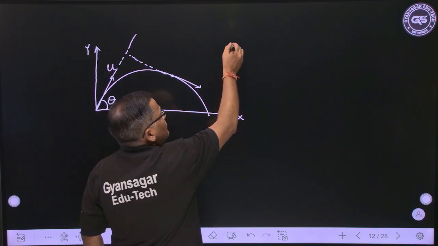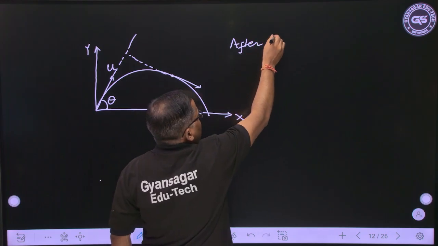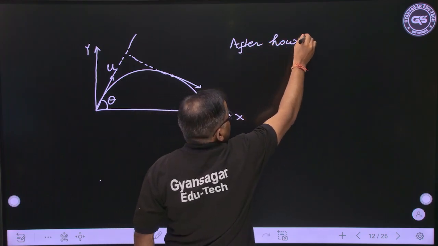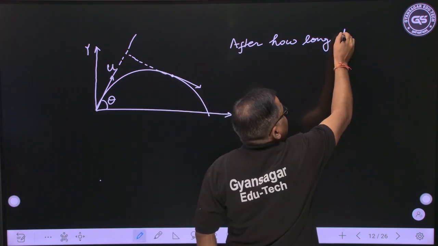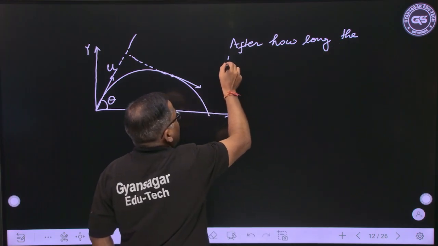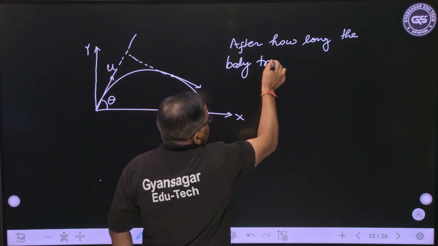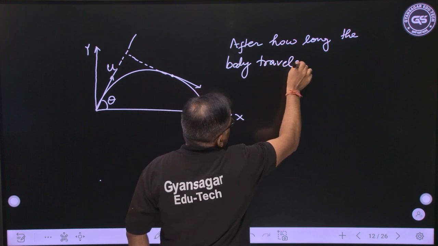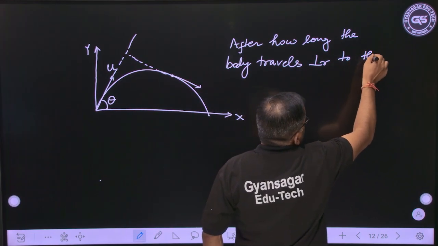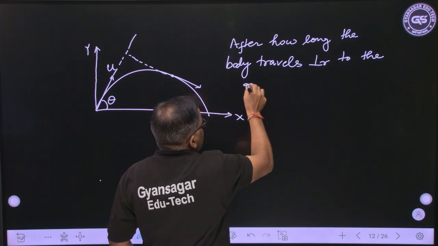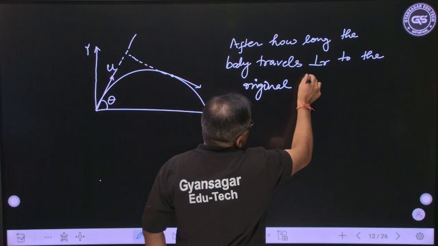After how long is the body traveling perpendicular to the original direction?